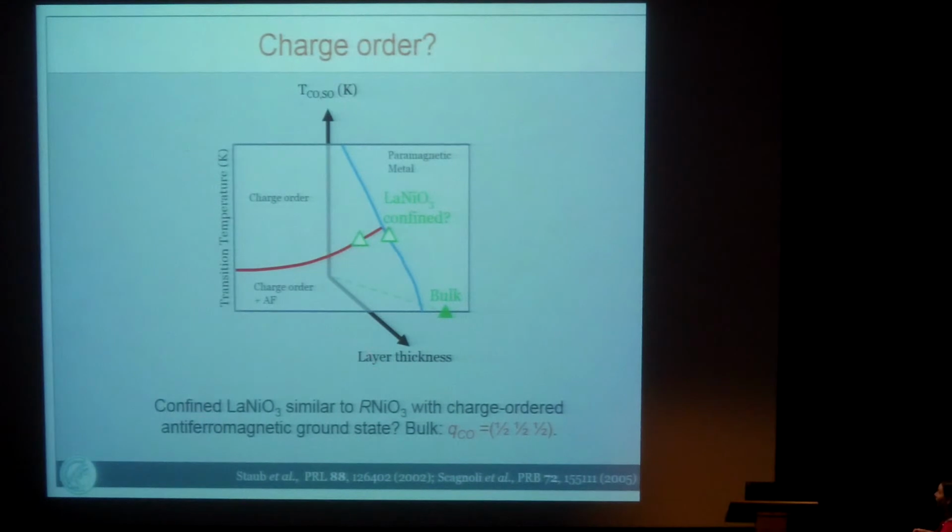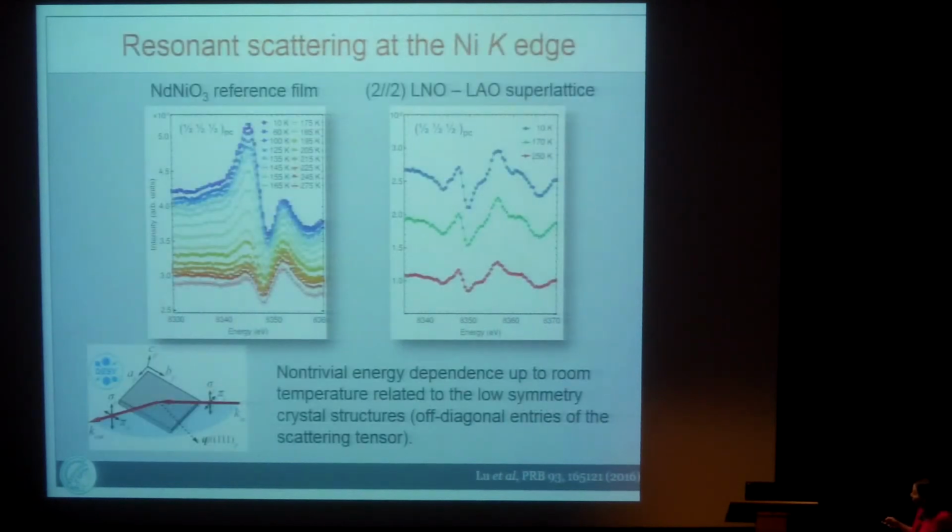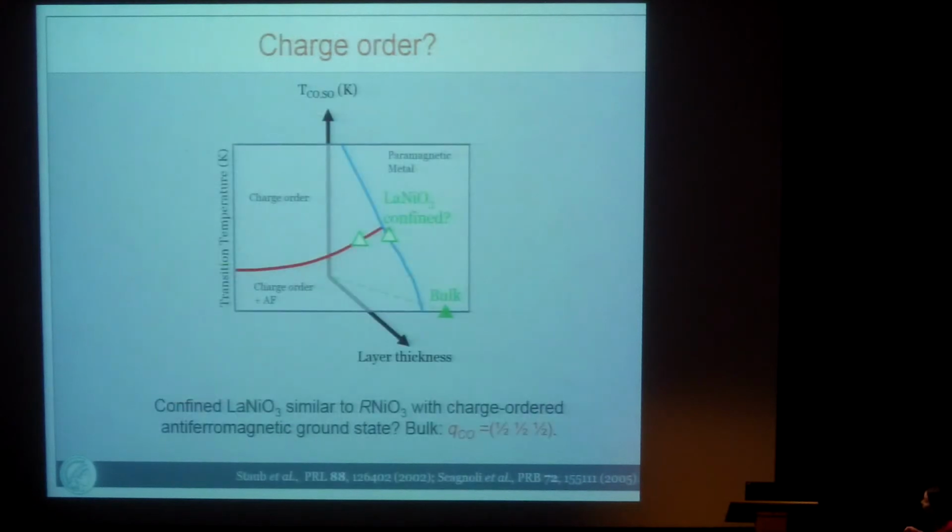So in the case of, for example, neodymium nickelate, there was also a resonant X-ray scattering study by Staub and Scagnoli at that time, and they found a checkerboard-like charge order with order vector half. So we did this experiment also for our samples.